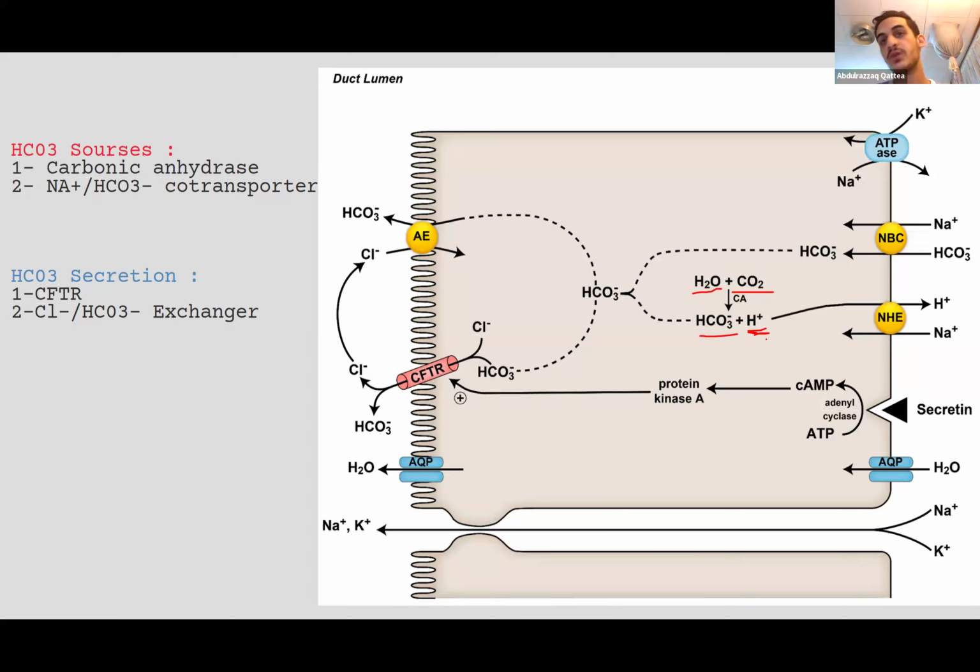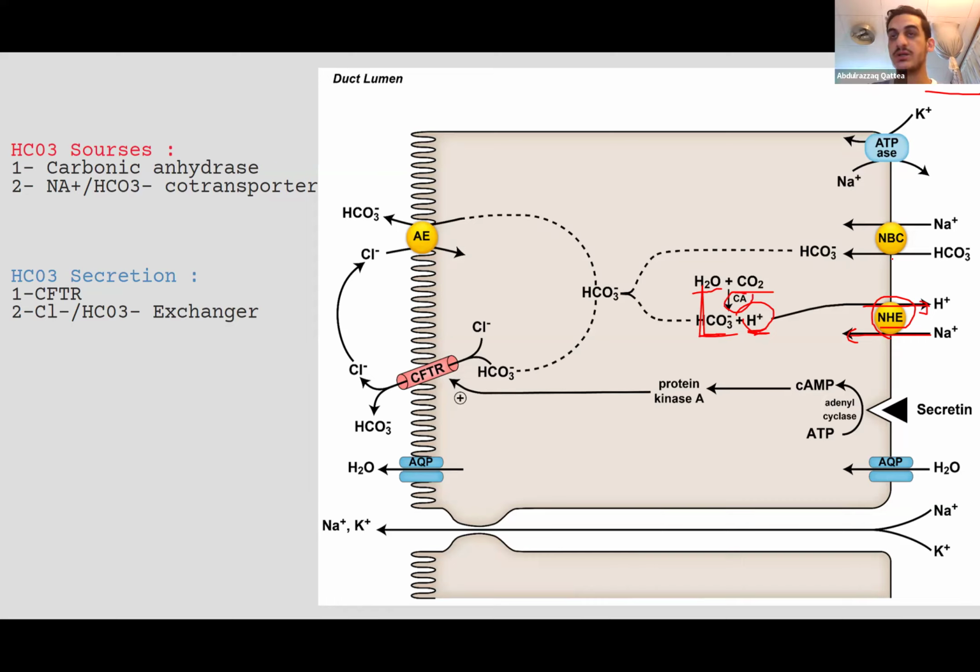So what we're going to do with the hydrogen is kick it out of the cell, to the interstitium. By what? By a channel called the sodium hydrogen exchanger. So the hydrogen will go outside and the sodium will come in. This is for the hydrogen. And for the bicarbonate, this is the first source, which is the carbonic anhydrase.